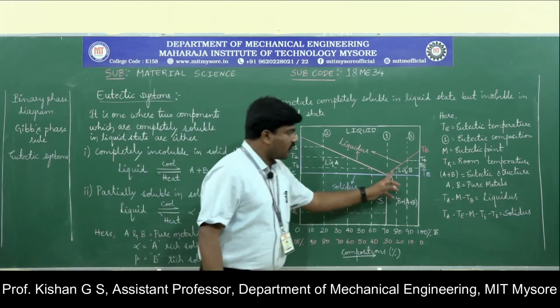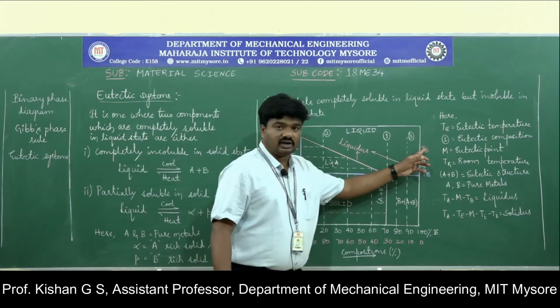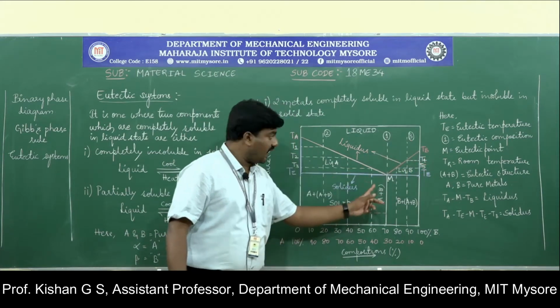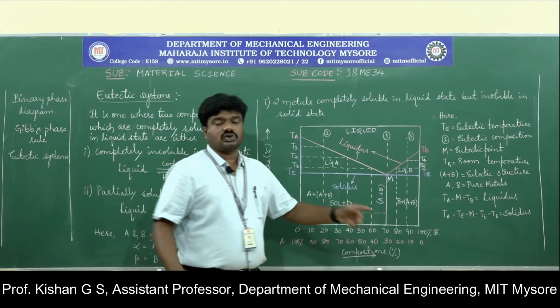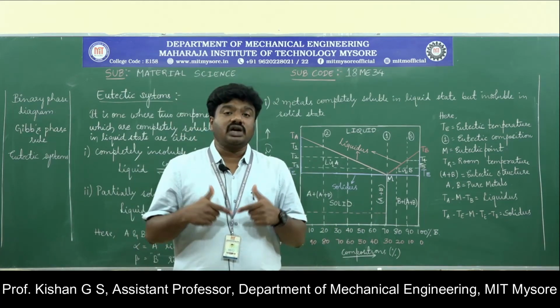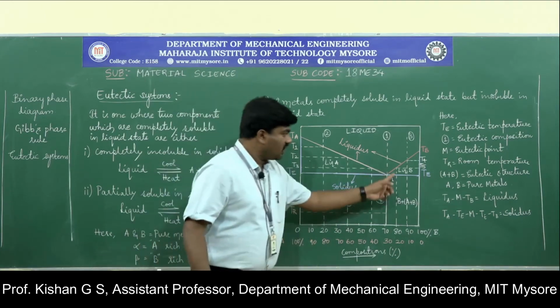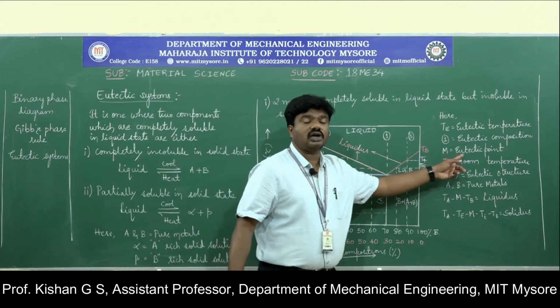Hence, this is the point wherein the pure metal A and pure metal B are solidifying. The point of contact wherein both the pure metals A and B solidify at that particular point is called M, and that is represented as the eutectic point.